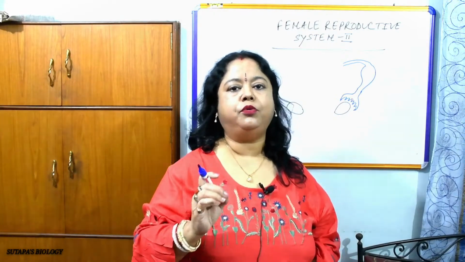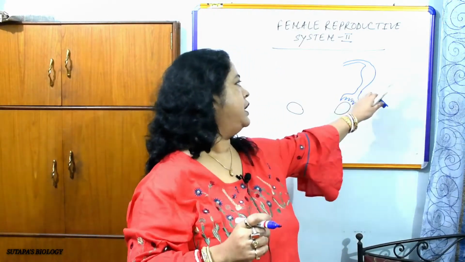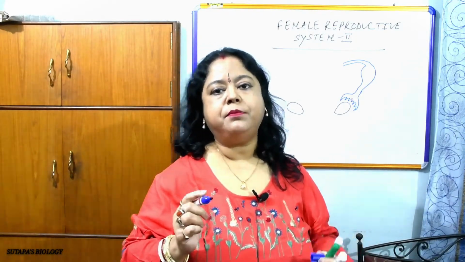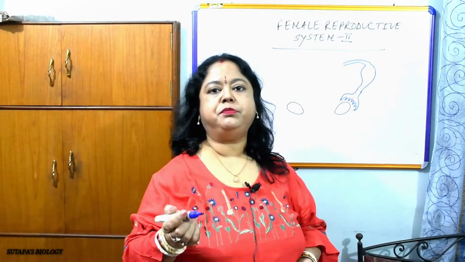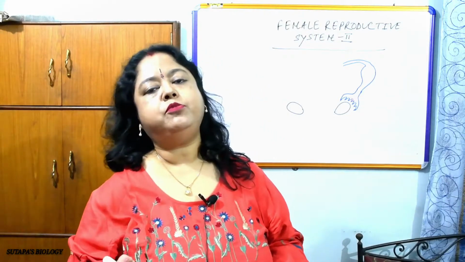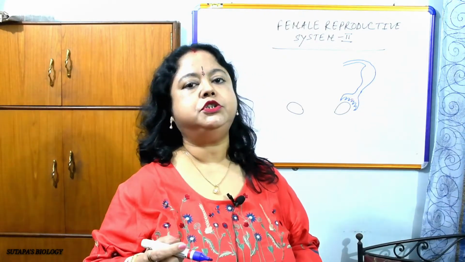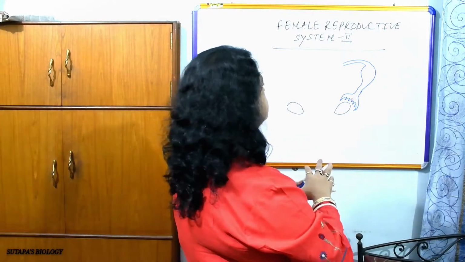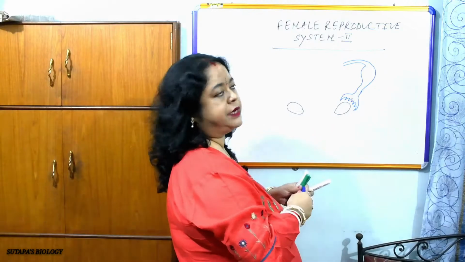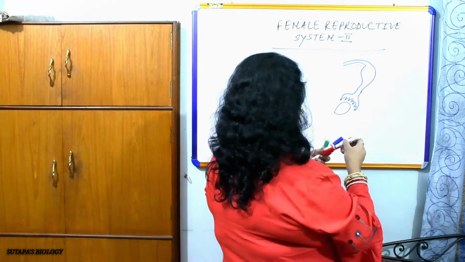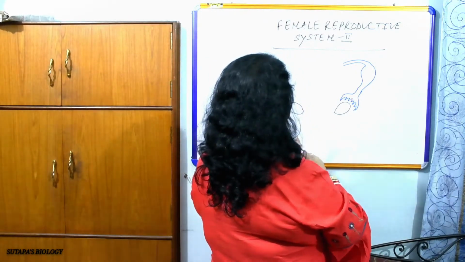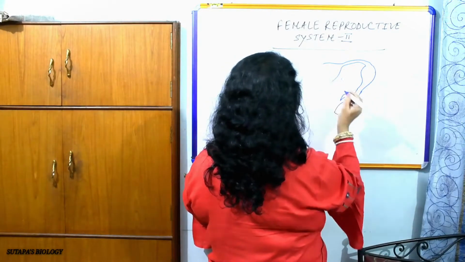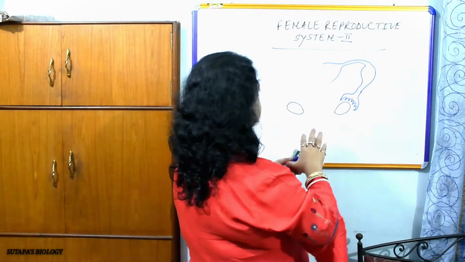After discharge, the ovum will go inside the ampulla and will wait for the sperm. And if copulation takes place before the discharge of the ovum, the sperm will also wait here for 72 hours for the upcoming ovum. So the ampulla is the site of fertilization. Then the next one is isthmus, the constricted part, and it expands to form the uterine body.